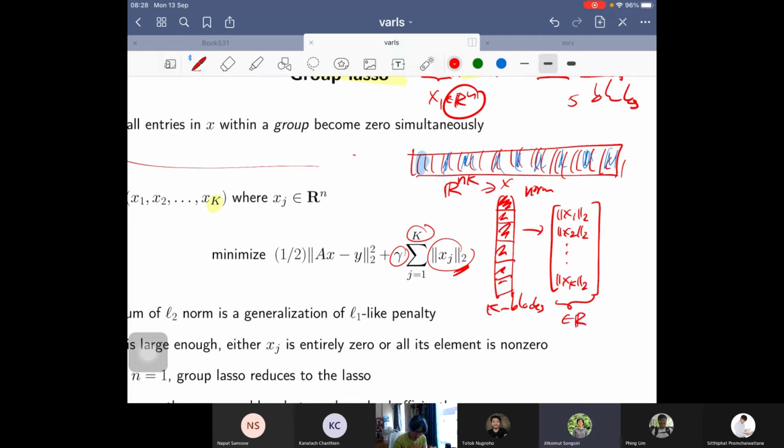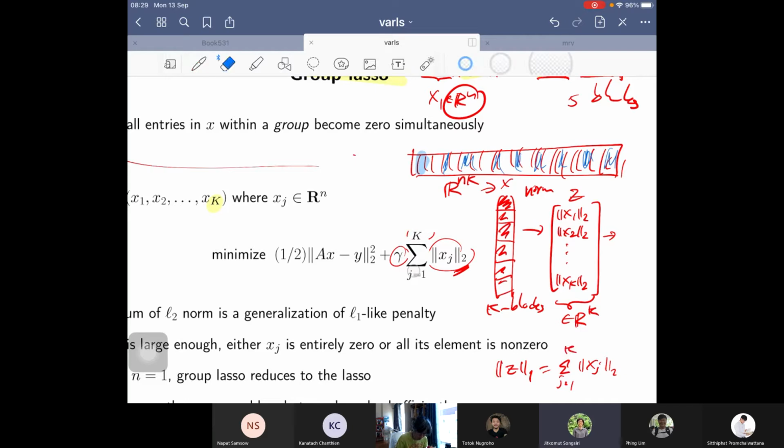This is going to be a vector of size K. If I call this vector Z, for example, what is the L1 norm of the vector Z? Sum of two norms of xi. Yes, that's straightforward, right?